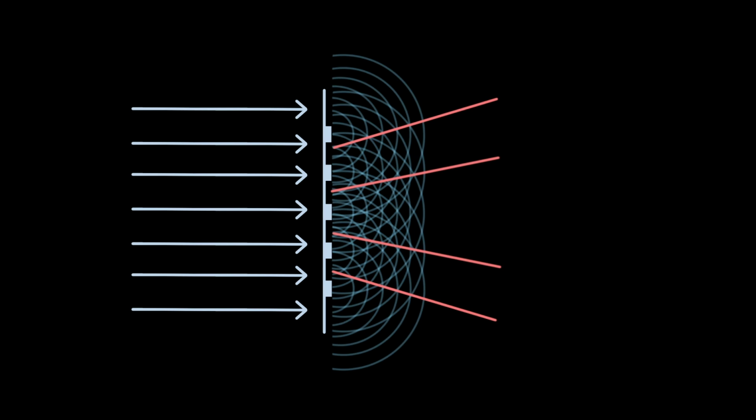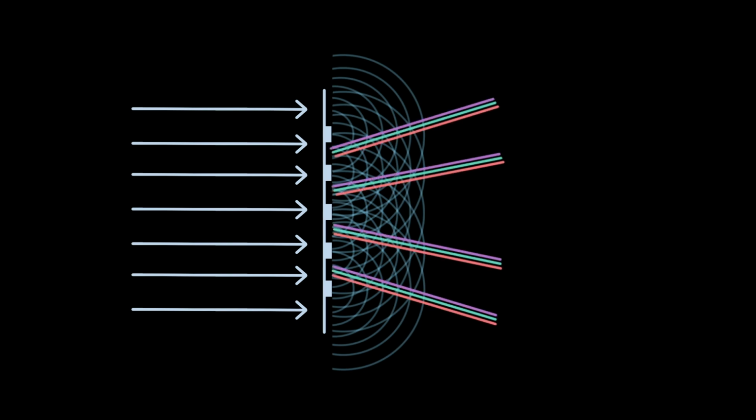And just like in Young's double slit experiment, the waves create a fringe pattern on the screen at the other end. The only difference is that instead of just white light, each component produces its own diffraction, its own interference, and therefore its own fringe pattern, because each color of light has a slightly different wavelength.